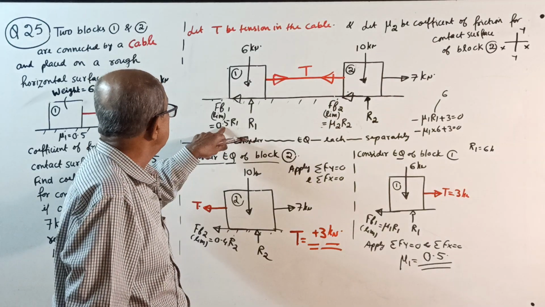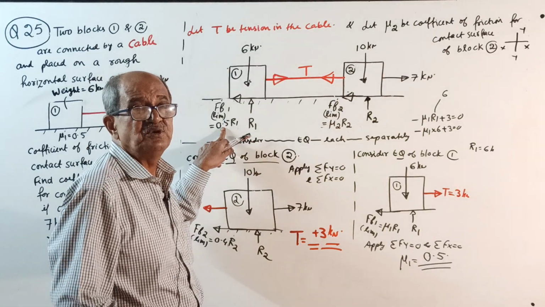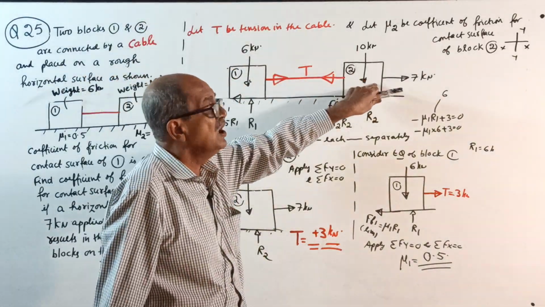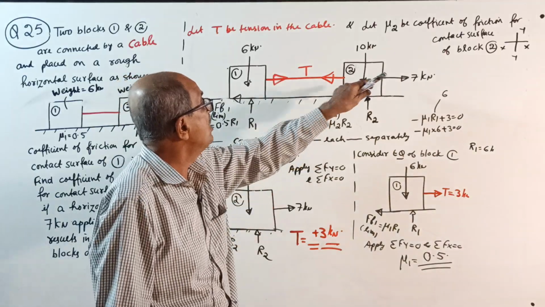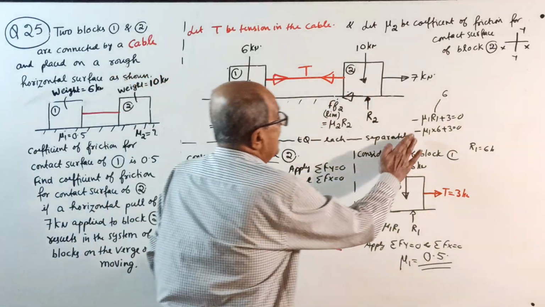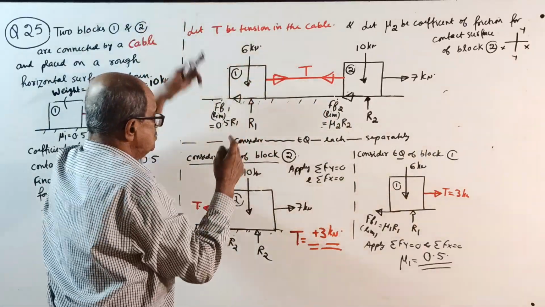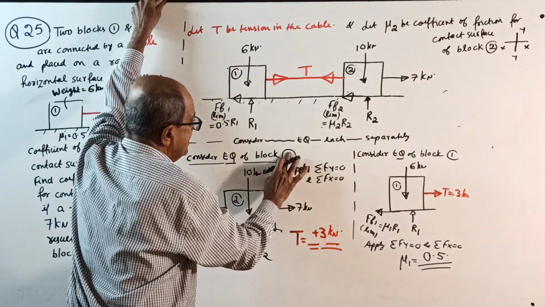Last time this mu was unknown. In question 24, 3 unknowns for this block, 2 unknowns for this block. So we considered block 2 first. But this time, there are only 2 unknowns for block 1. So you consider block 1 first.